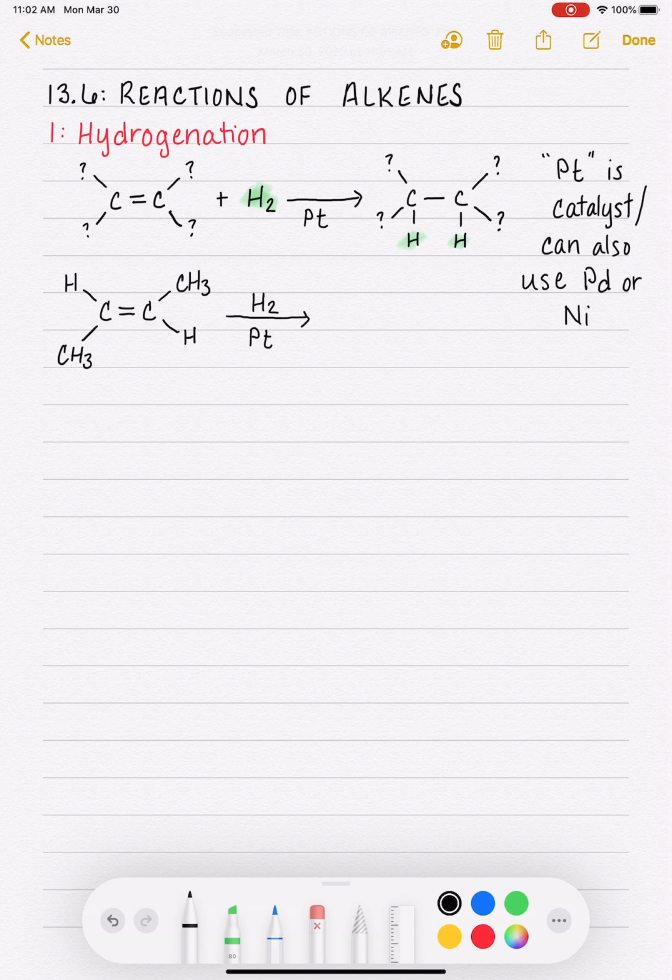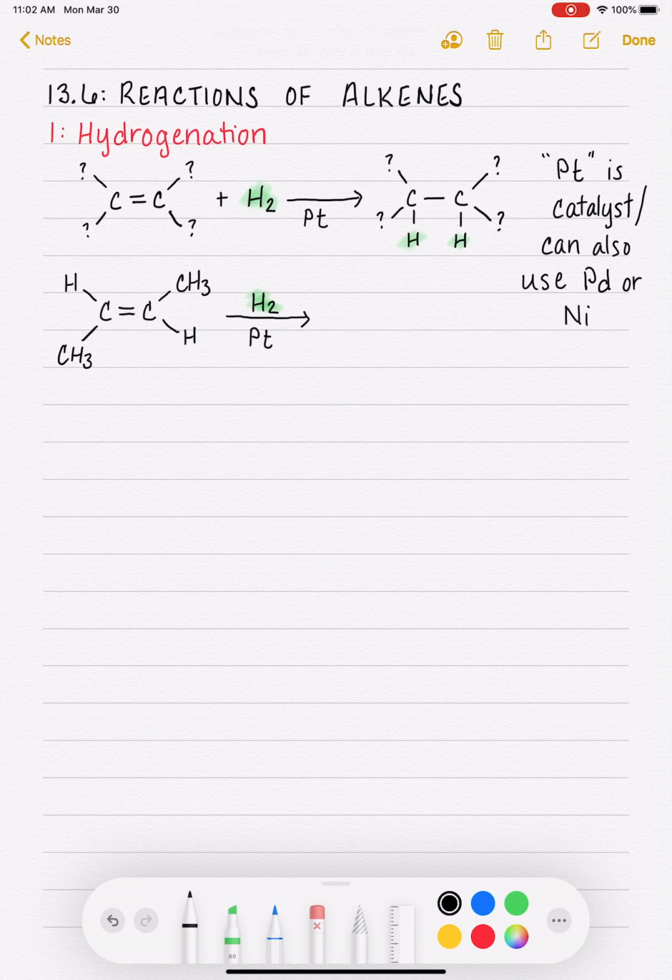And I'm going to stick with platinum. It's pretty normal in organic chemistry for us to use this type of notation, where instead of writing plus H2, we just write H2 on top of the arrow, and it saves us a little bit of time. But whenever you see something written on top of the arrow, just assume that that means plus H2 or plus whatever it is that you're looking at.